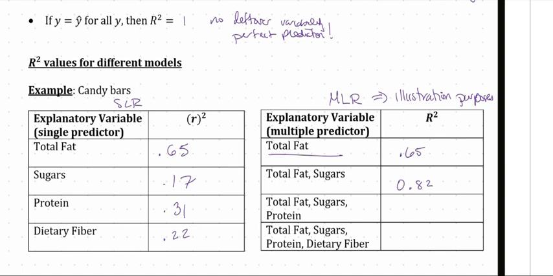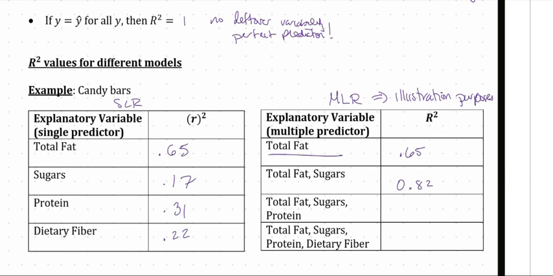Well, I hope that you predicted that it would go up because we saw that sugar did explain some of the variability in calories. In fact, it was able to go up by this much because sugar and fat are not really that related. Fat is kind of its own thing, and sugars is kind of its own thing. But sugars are not fats, and fats are not sugars.